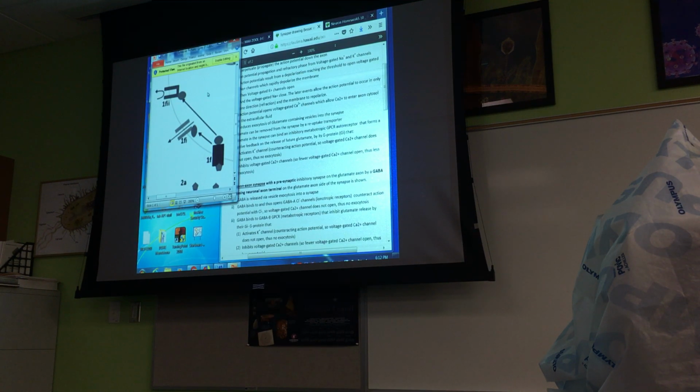Those circles are GPCR, the G protein. The G protein will leave the G protein receptor and bind onto these potassium channels, causing potassium to efflux, making the cell more negative, and then it will bind to these calcium channels, stopping calcium from coming in.